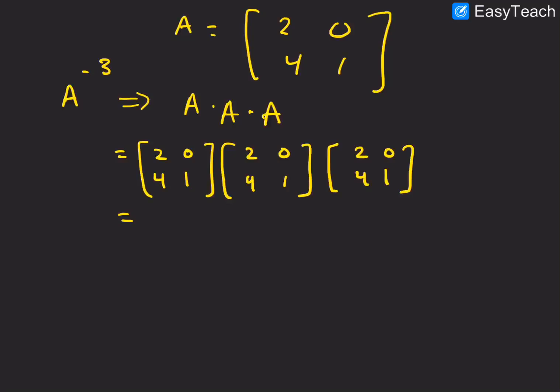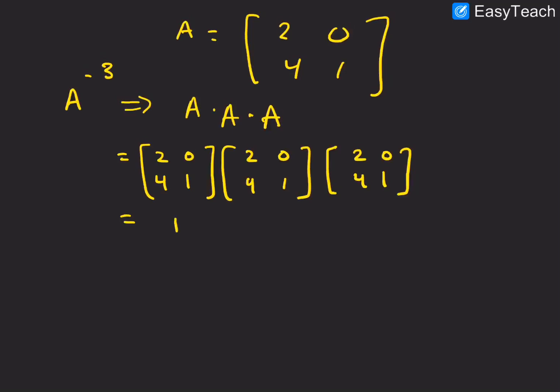If we multiply these two first, we're going to multiply this row with this column. It's going to be 2 times 2, which is 4, plus 0 times 4, which is 0. So it's just going to be 4.